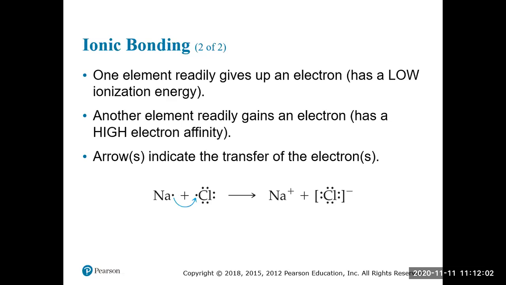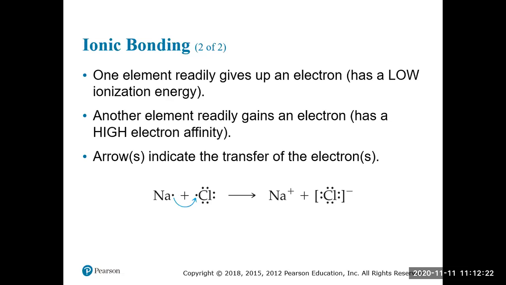Down below, we see what happens with sodium and chlorine. We have that 1 valence electron on sodium. That electron moves over to the chlorine, and the chlorine now has a full octet. We see the 8 dots around it for the 8 valence electrons.